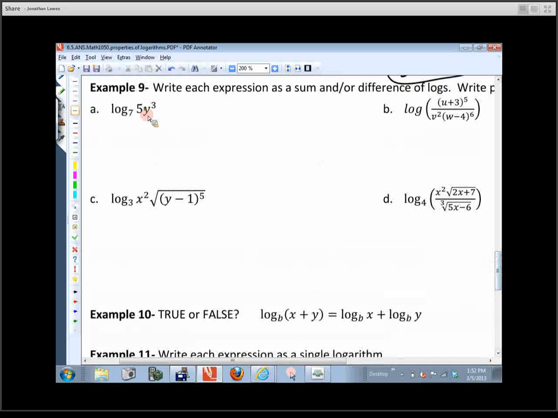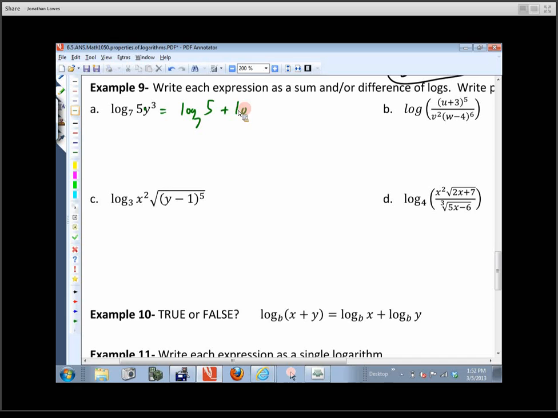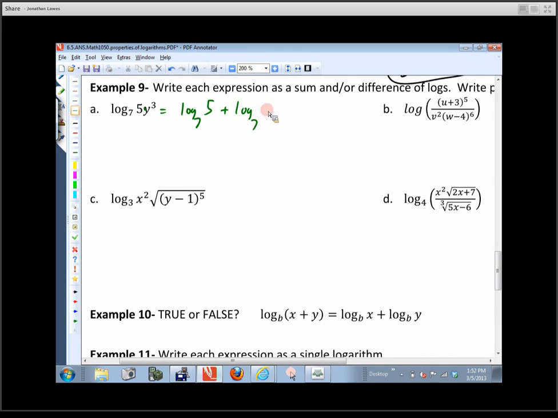So how could I rewrite that multiplication using the properties of logs? Logarithms allow us to change multiplication into addition. So I'm going to write log base 7 of 5 plus log base 7 of y to the third. Now you'll notice that the 3, the exponent was over the y, not over the 5. That's why we can separate that completely.